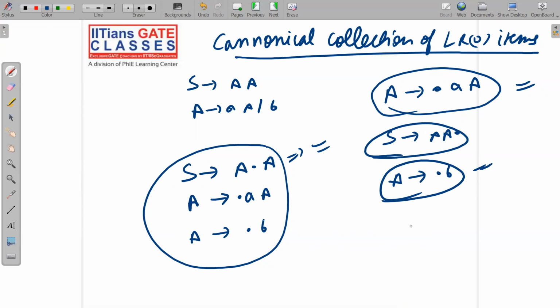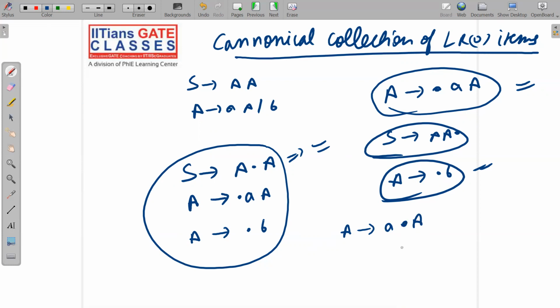And if I say A goes to a dot A, is this a canonical collection? No, this is an LR0 item for sure, but it is not a canonical collection. Why?